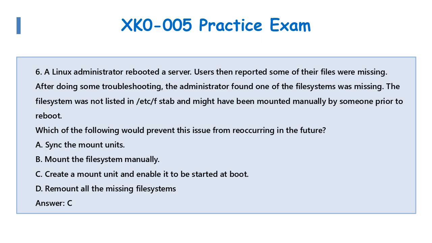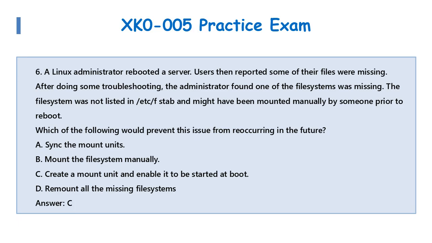6. A Linux administrator rebooted a server. Users then reported some of their files were missing. After doing some troubleshooting, the administrator found one of the file systems was missing. The file system was not listed in /etc/fstab and might have been mounted manually by someone prior to reboot.